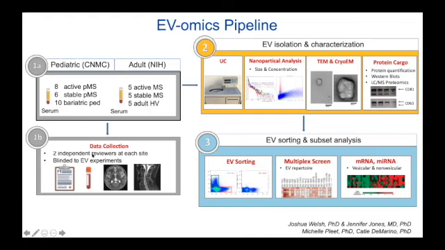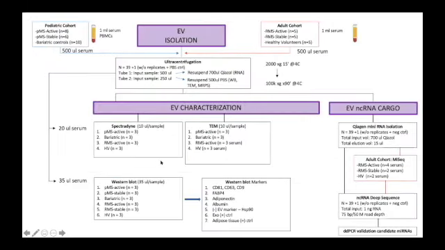There were 2 independent reviewers at each site doing the data collection blinded to the EV experiments. Because of the high volume of samples, we elected to do ultracentrifugation instead of the QEV. This is just the early pilot data that I will be showing you.